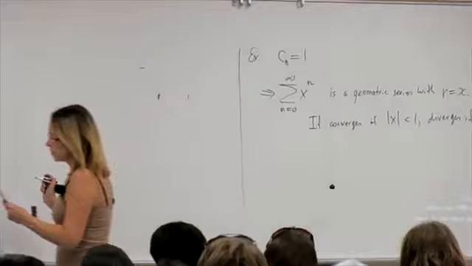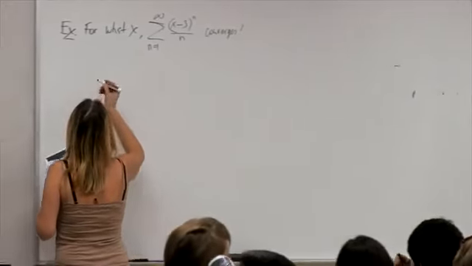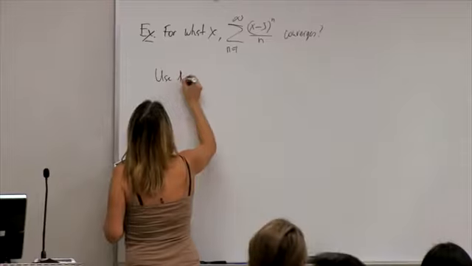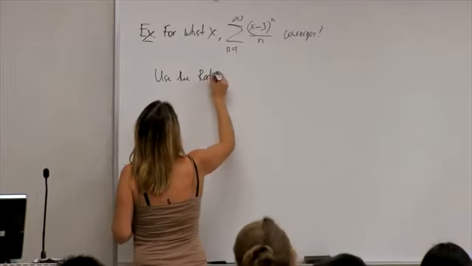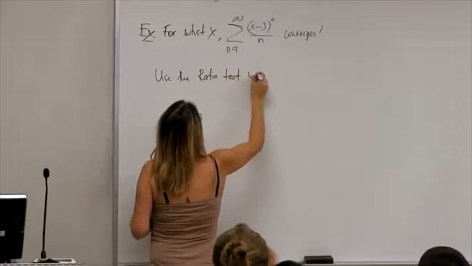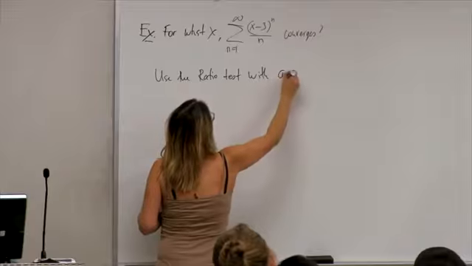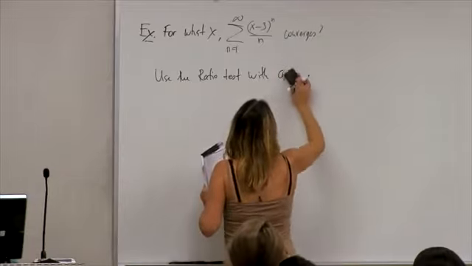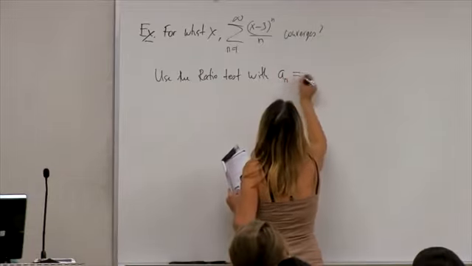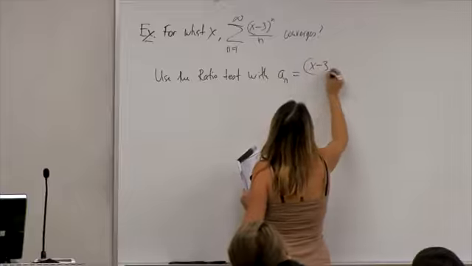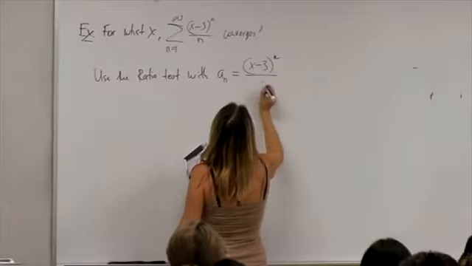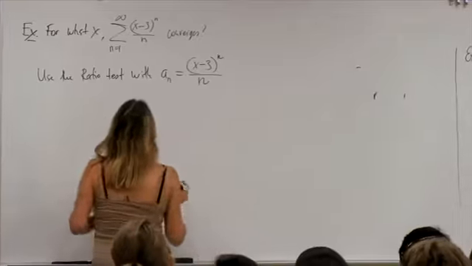Okay. And we again use the ratio test with a_n given by simply the general term of this power series, (x minus 3) to the power of n over n.